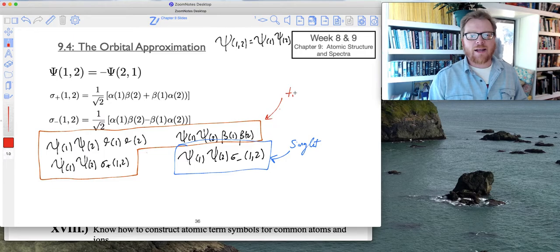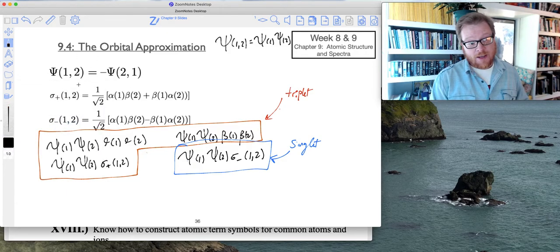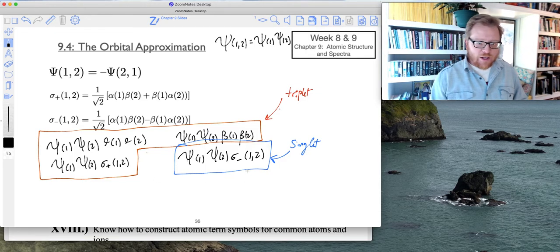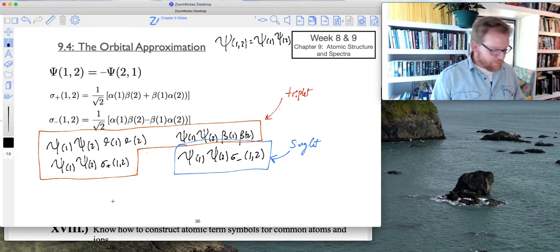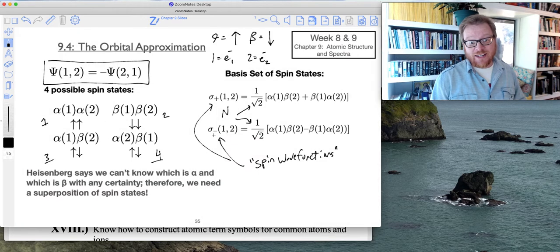And so why did we group them together in this way? Well, once again, Pauli tells us that if we switch the labels of the electrons, if we switch their positions, the wave function has to change sign. Okay? Well, when we look at this sigma minus 2, 1 state, we know it was written as sigma minus 1, 2.